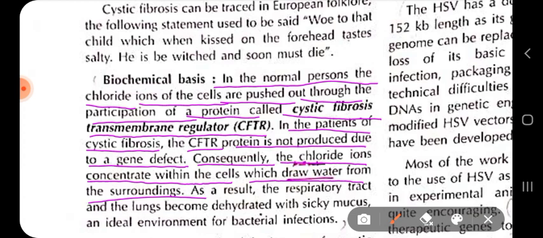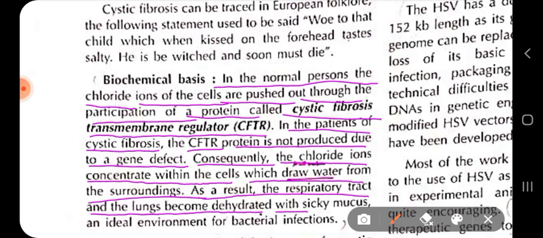So what happened? The chloride ions concentrate within the cells, thus it draws water from the surroundings. As a result, the respiratory tract and lungs become fully dehydrated, and we have mucus all the time in order to remove away the dirt particles. But when that mucus become quite large, then we have a sneezing, coughing, that we know.